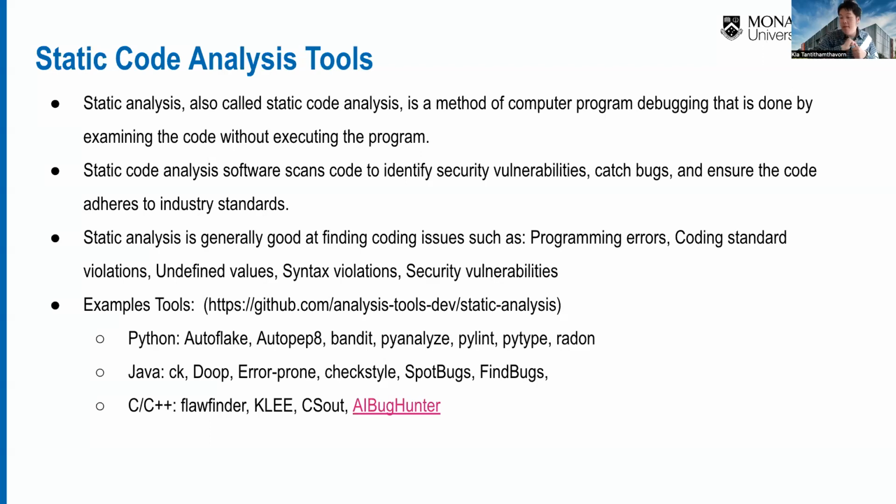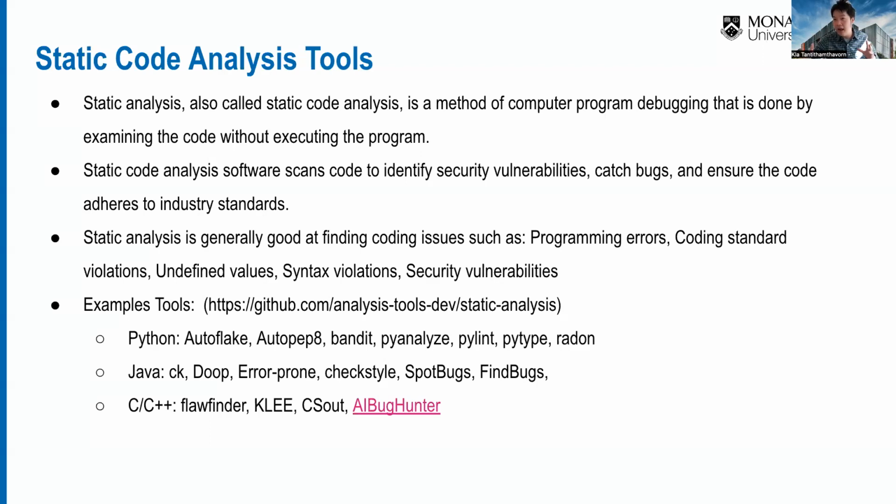They are often used to detect, for example, programming errors, coding standard violations, undefined values, syntax violations, security vulnerabilities. These are based on, again, patterns. I will just give an example, right? Undefined values, probably the easiest one. When you write the code, you want to return X, but X is not defined yet.